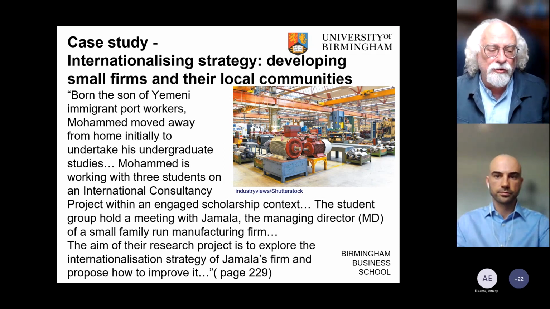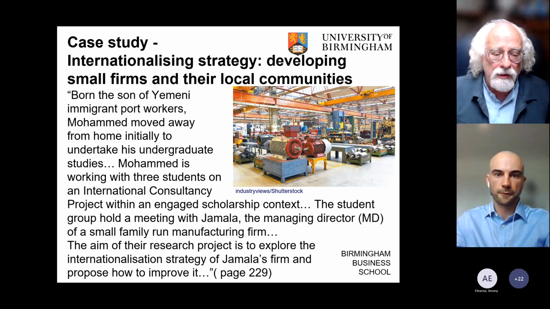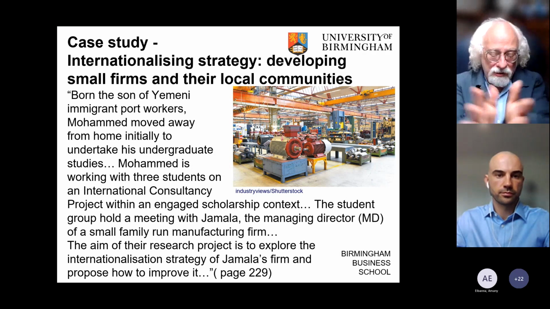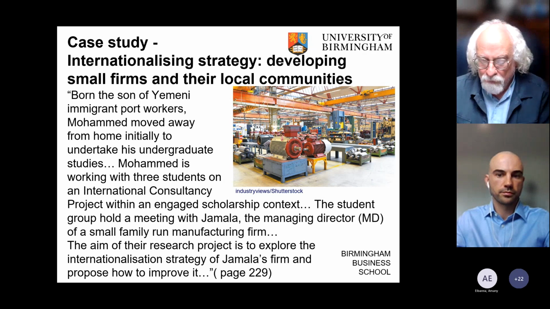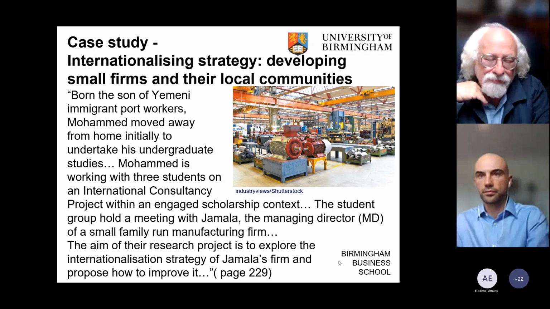He's doing an international consultancy group project, so it's fitting with the sorts of stuff we're starting to do now. And we've got the aim of the project, and then it goes on to talk about what sort of strategy they're going to use in their design. But you can see how it's starting to bring in a global group of students. Moving on, please, Daniel.